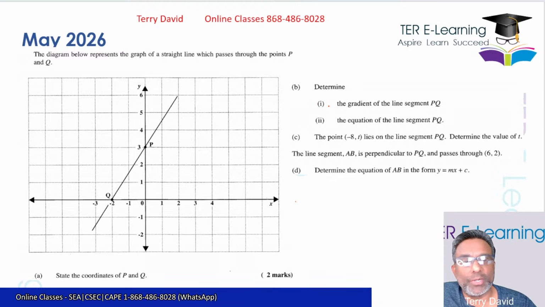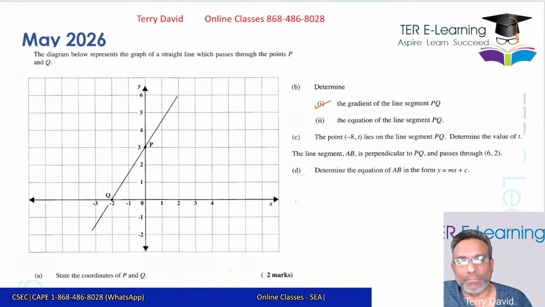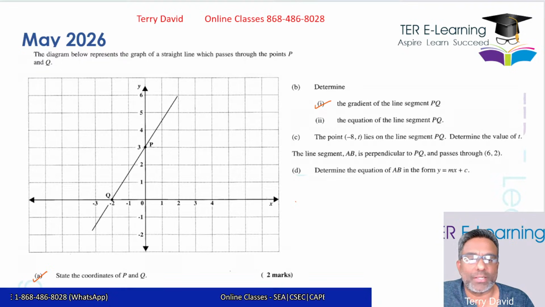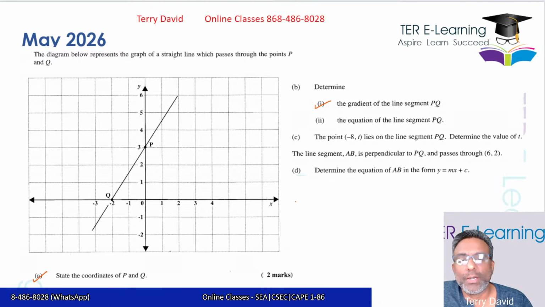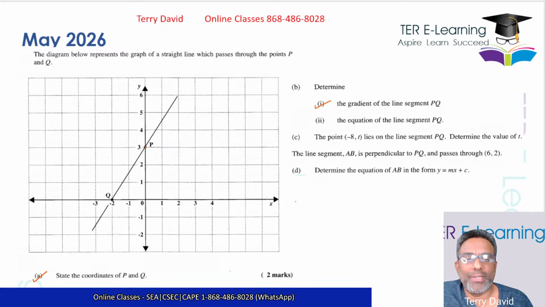The first thing we want to do, we want to calculate the gradient of the line segment PQ. Actually, wait, sorry. The first part here, we want to state the coordinates of P and Q. Could you all put in the chat what are the coordinates of P?